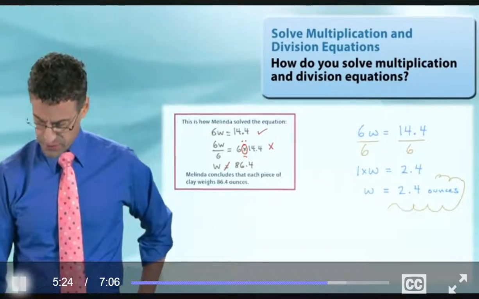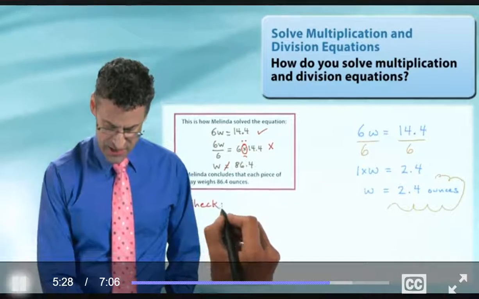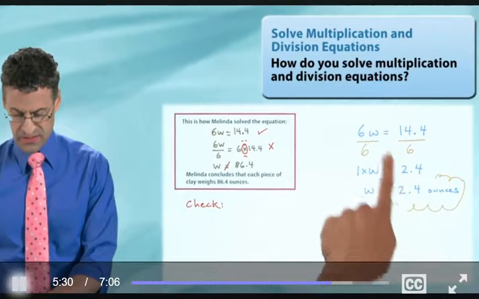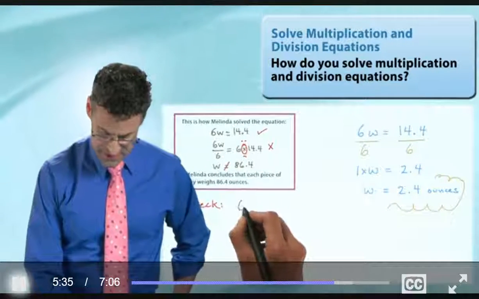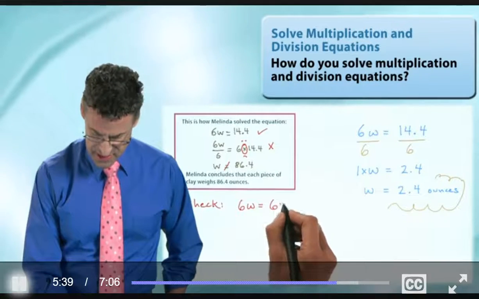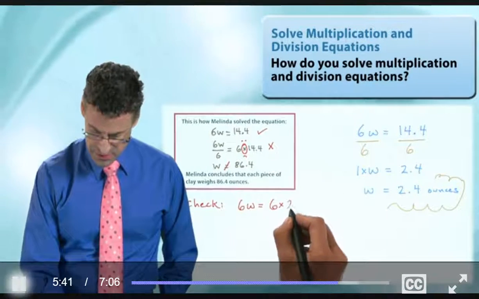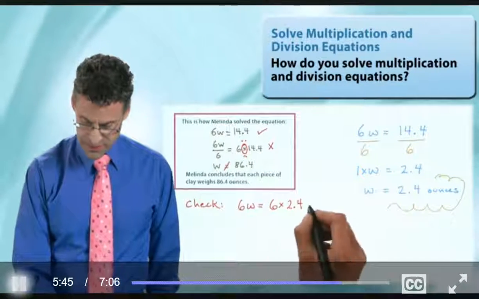We could actually check the answer if we wanted to, by the way. It's easy to check our answers because all we have to do is take this and replace it with the W here. So if I take 6W, that means 6 times this value, 2 4/10. What is 6 times 2 4/10?